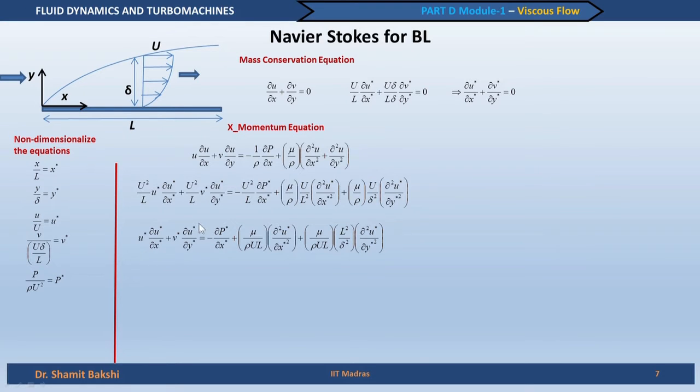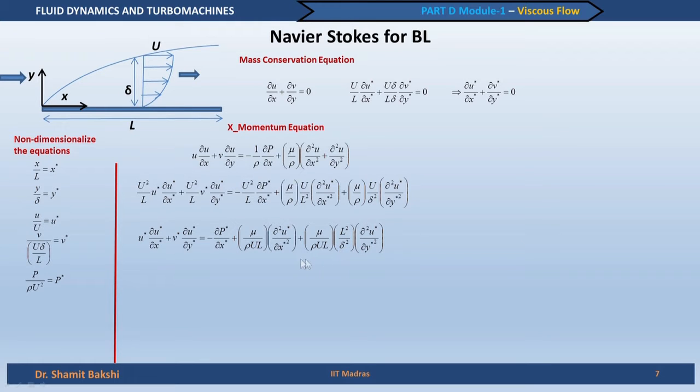You get a very similar form as the original Navier-Stokes equation, or the x momentum equation, up to this point. So, this is very similar. Here you get slightly different terms. With the del 2 u star by del x star square, you get mu by rho U L. Here you get mu by rho U L multiplied by L square by delta square.